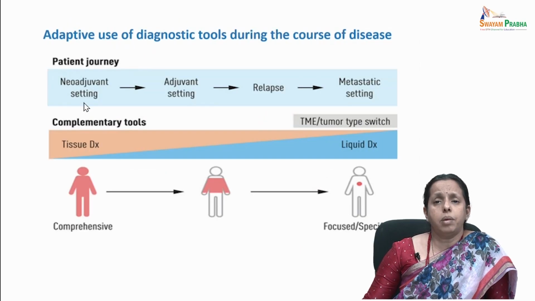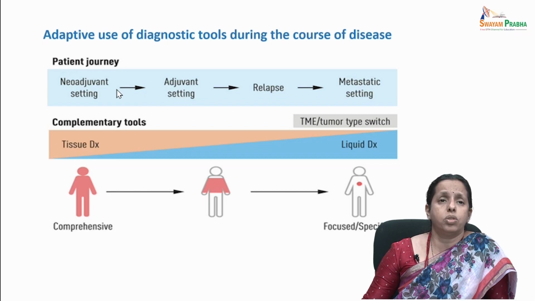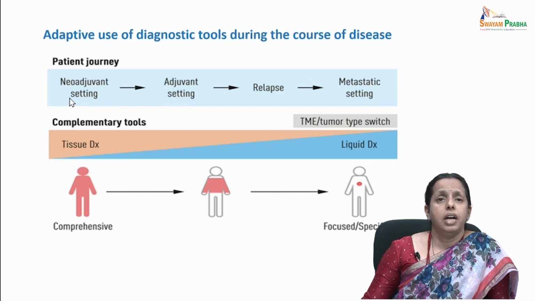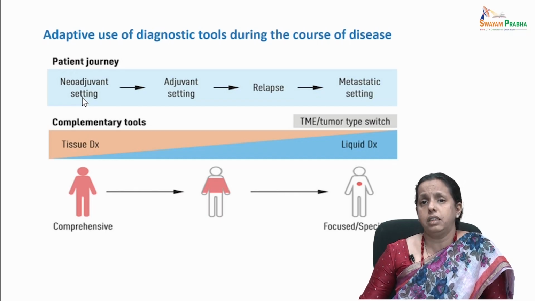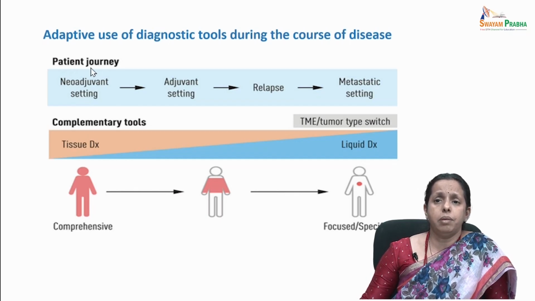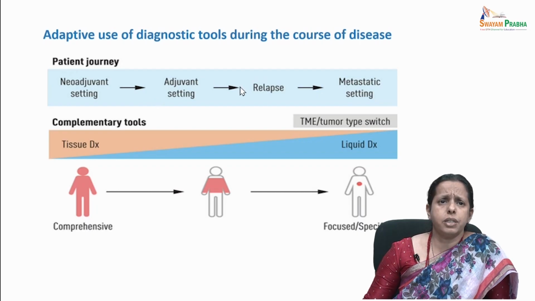Now, diagnostic tools are used adaptively during the course of your disease. What happens in the patient's journey? They start a treatment. Initially they start with a neoadjuvant setting, before the main treatment, with the goal of making the main treatment more likely to be successful, for example your regular cisplatin, and then the specific adjuvant treatment.